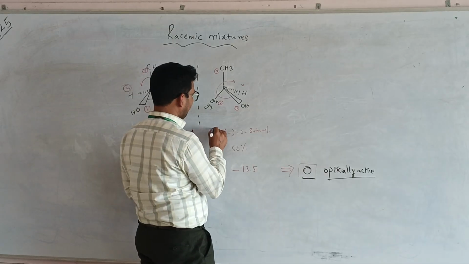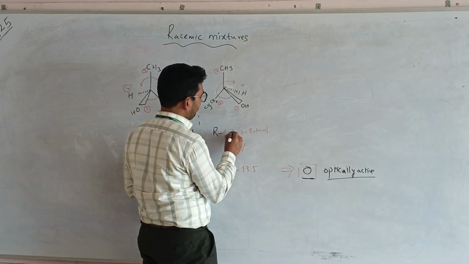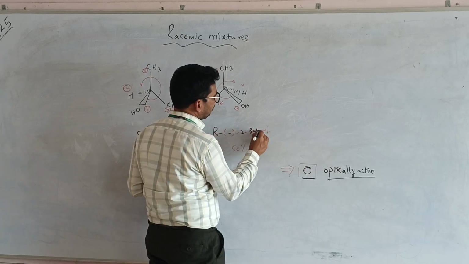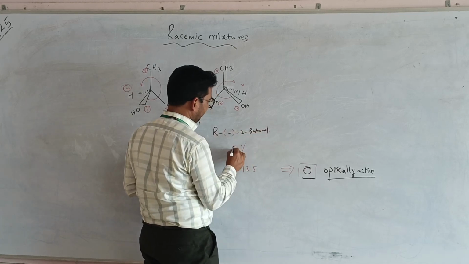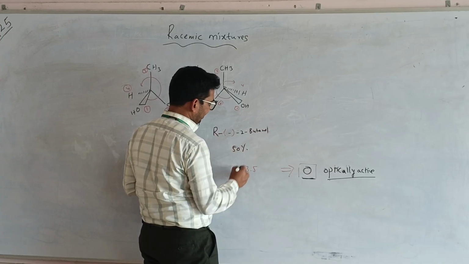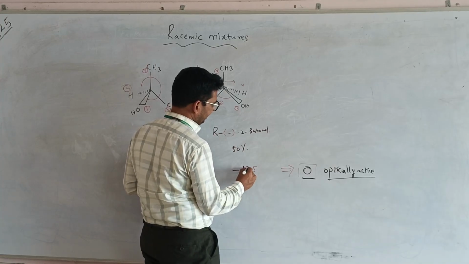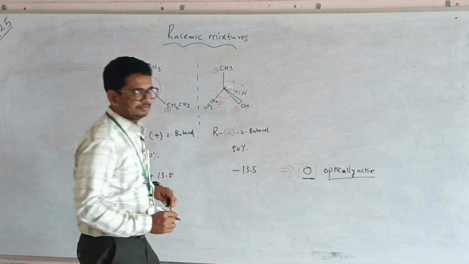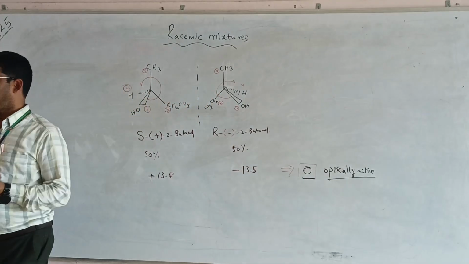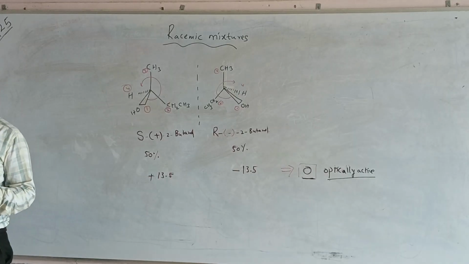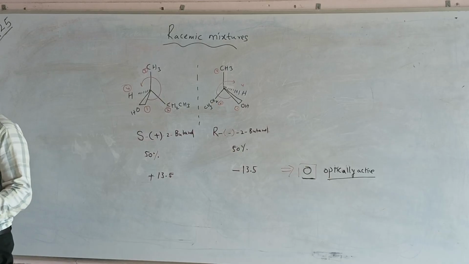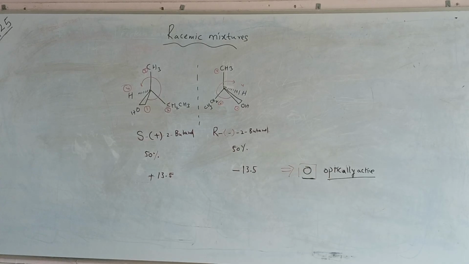Another butanol, its enantiomer, is in the form of R, and this is also equal amount, meaning this is also 50%, and the degree of rotation is minus 13.5. Then overall the degree of rotation becomes 0, meaning it is optically inactive. Racemic mixtures are optically inactive.